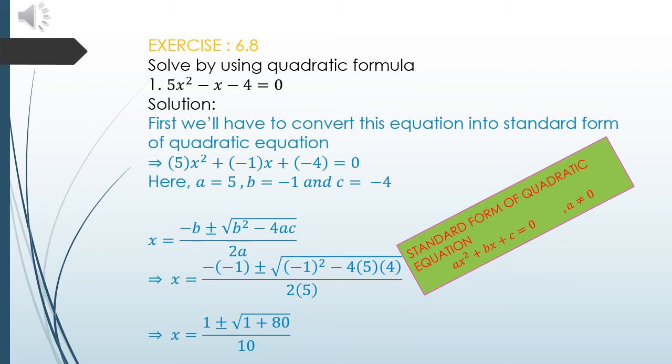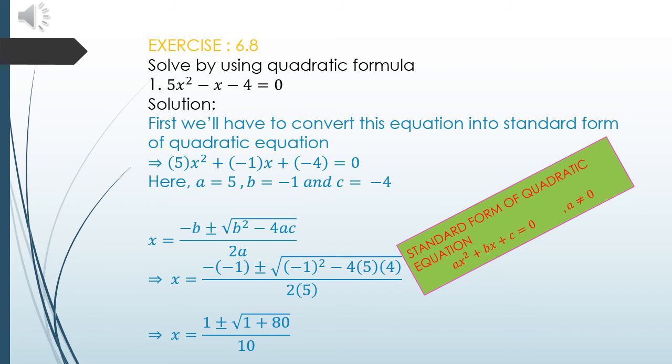And what is the standard form? As I said earlier, it is ax square plus bx plus c is equal to 0. You can see on the screen it is also written in the green box. So first we will convert the given equation into standard form.